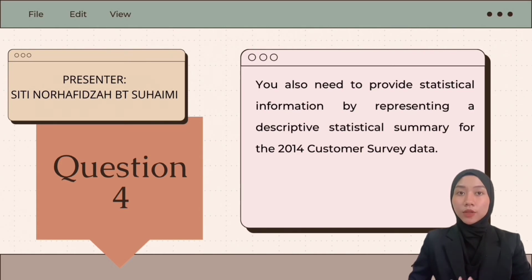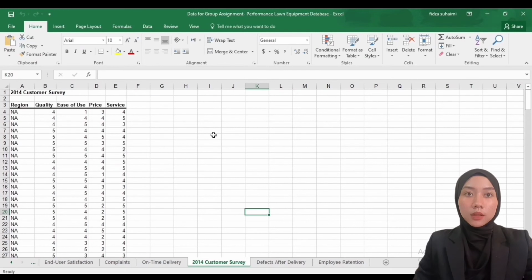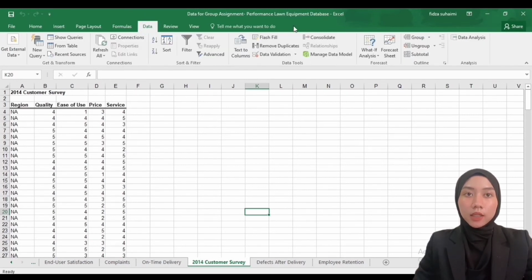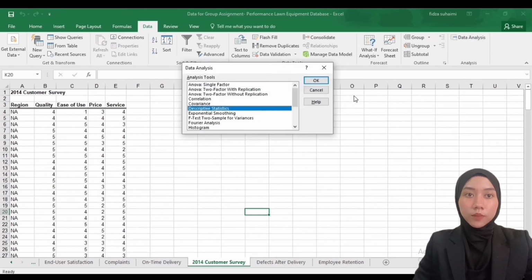The question is, you also need to provide statistical information by representing a descriptive statistical summary for the 2014 customer survey data. Firstly, we have to click the Data button and then click Data Analysis. For the analysis tools, we choose Descriptive Statistics.